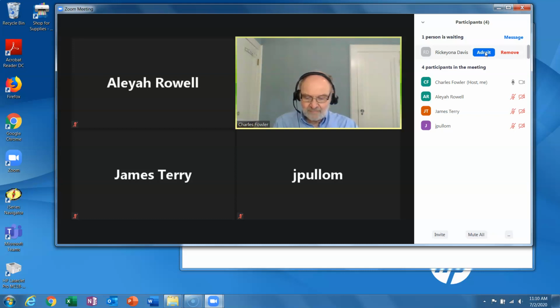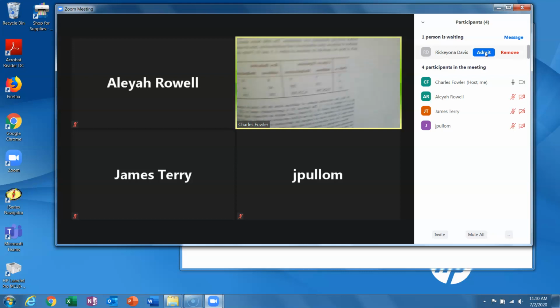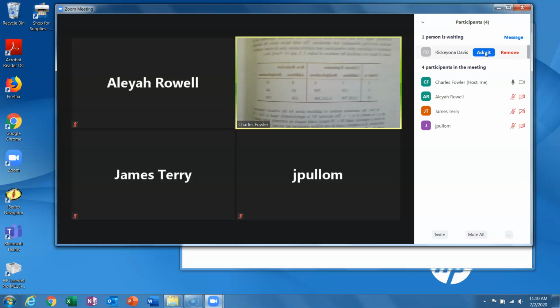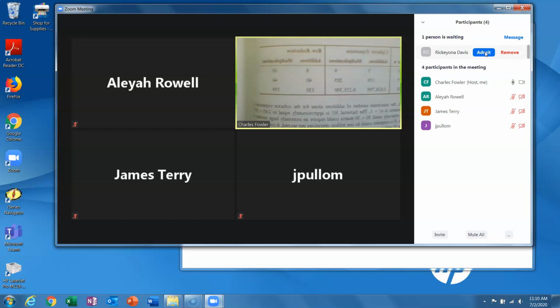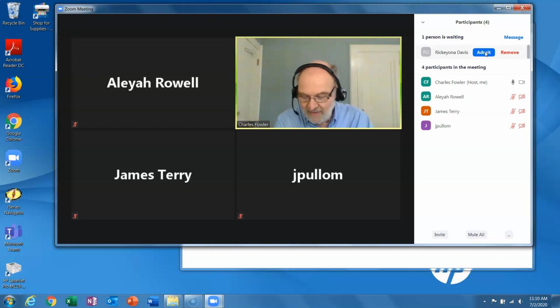Now, this table in the book, and I'm going to hold it up so you can see, really illustrates how much row reductions can simplify your life. So if you have a 3x3 matrix, the cofactor expansion, you have 5 additions and 9 multiplications for a total of 14 operations.